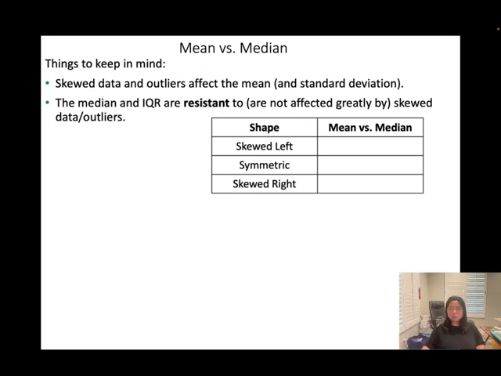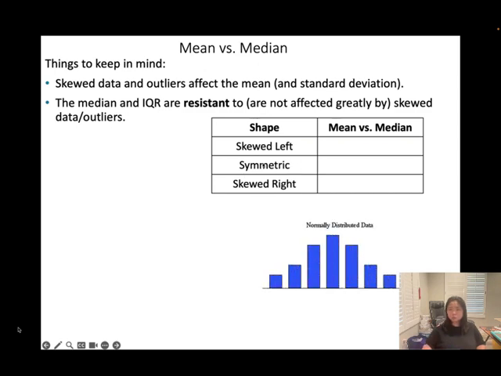Okay, now let's look at the pictures. Let's talk about the symmetric distribution. I assume that will be the normal distribution, and the picture looks like this. When we have a symmetric distribution, the mean is the better way to measure the typical value, and the mean is going to be in the middle here.